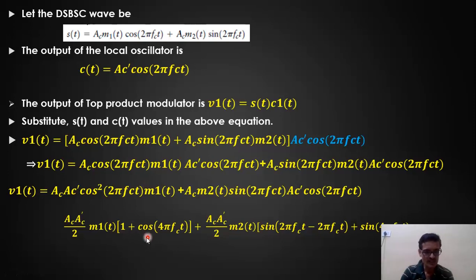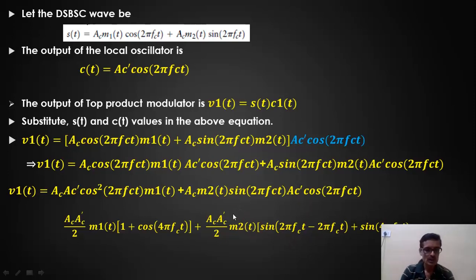So cos squared theta is equal to (1 plus cos 2 theta) by 2. So here when I apply it, I get a cos 4 pi fct term. Now in this second part, when I apply the sin A cos B rule, I get sin of (A minus B) plus sin of (A plus B), so the sin 2 pi fct terms cancel and this will give you 0, and I'll get only this particular term multiplied by this term.